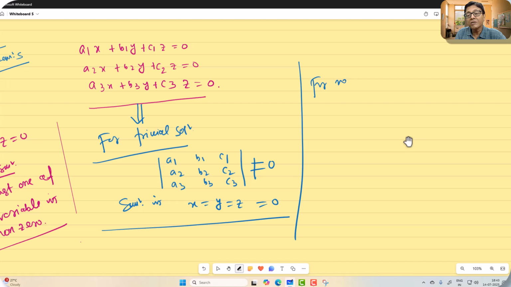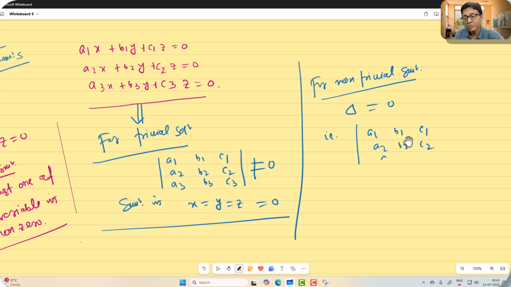For non-trivial solution, again one solution will be dependent on the other. For non-trivial solution, delta equal to 0, that is, the determinant of A1, B1, C1, A2, B2, C2, A3, B3, C3 must be equal to 0.